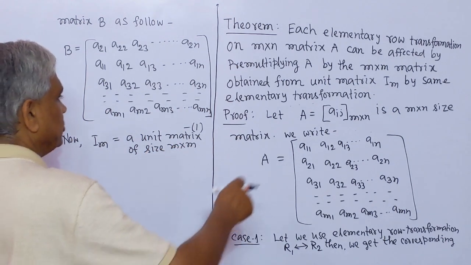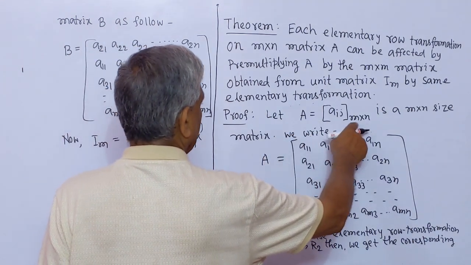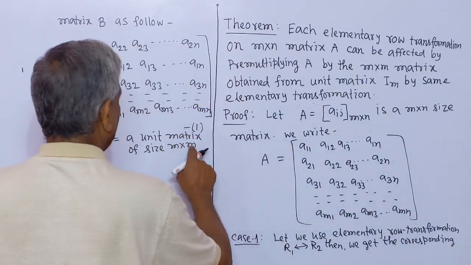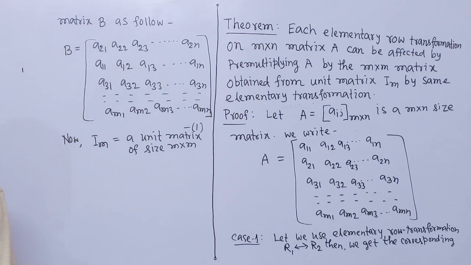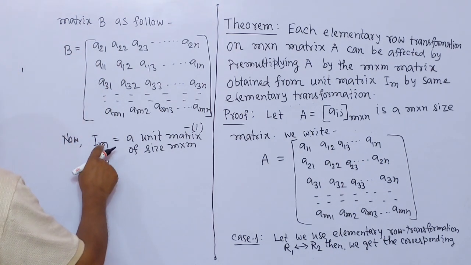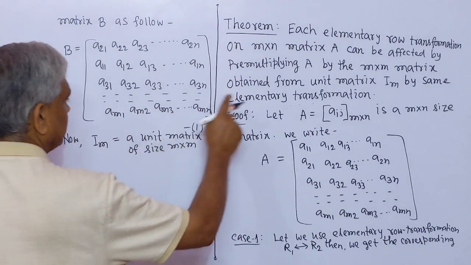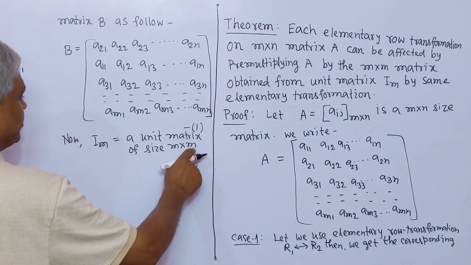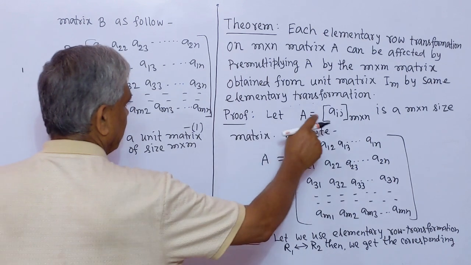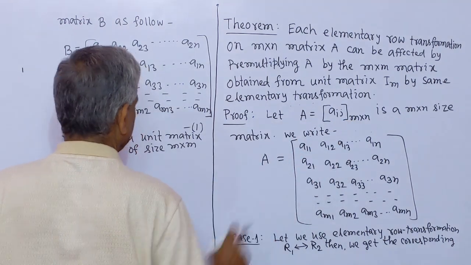Here A is m by n, and this is m by m, so we may multiply this unit matrix with matrix A, because the number of columns here is m and the number of rows here is m.